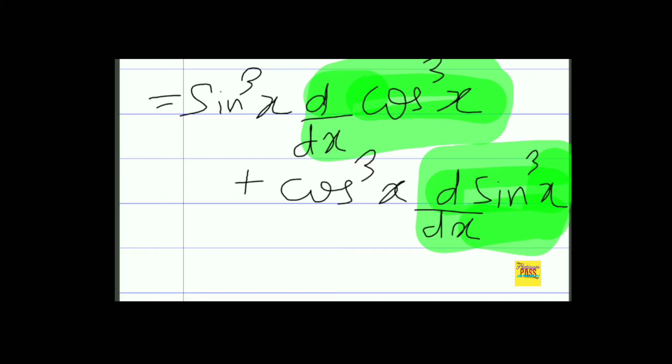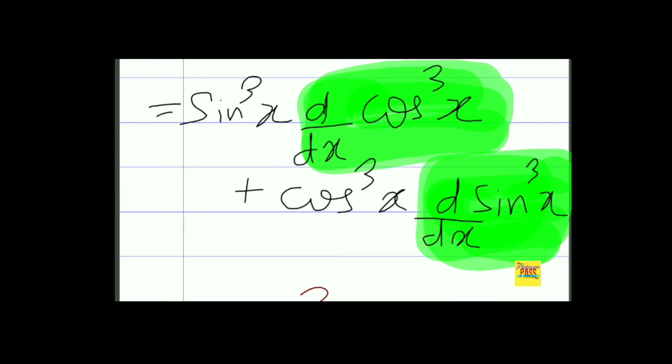I have already solved this before, but you don't have to waste your time checking the playlist and searching for it. I will definitely solve this example. Let's start.